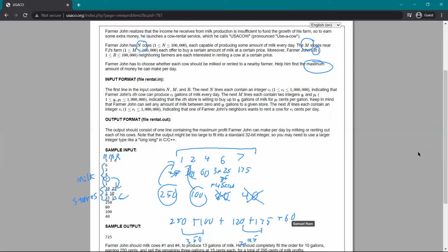We get 645, I'm guessing, and 645, 705, which is incorrect. Let's see if I made a mistake somewhere.